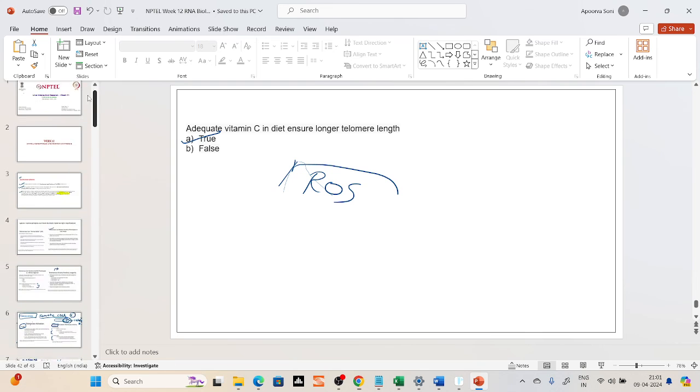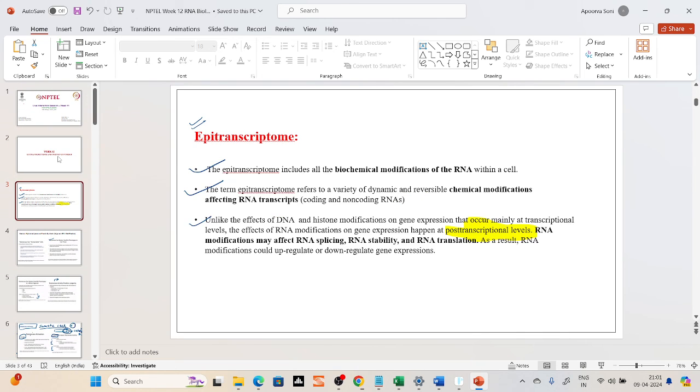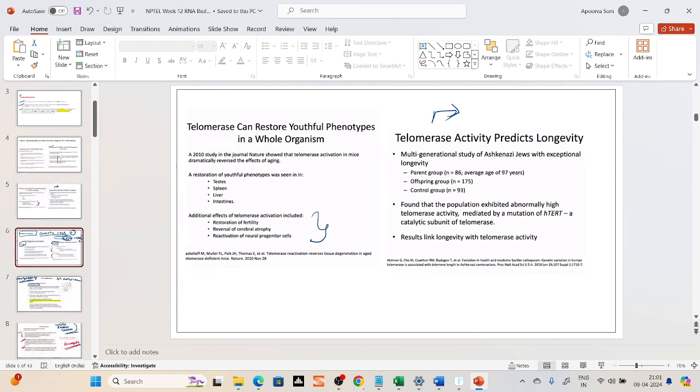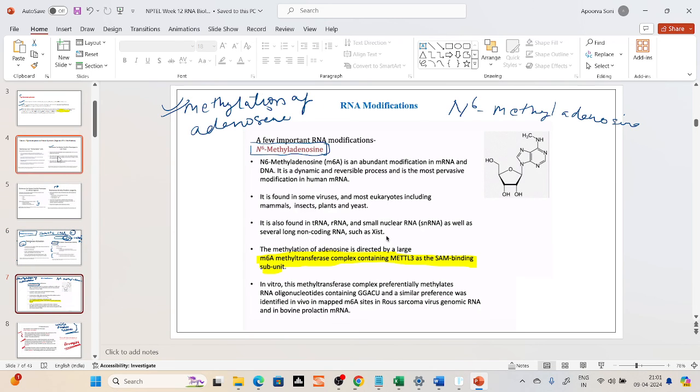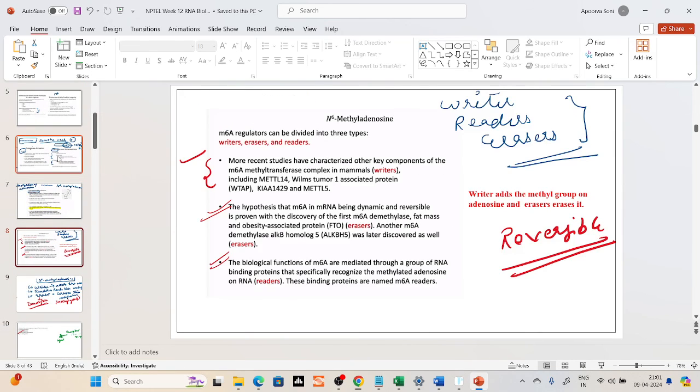Okay, so today we have studied epitranscriptomes, meaning the different kinds of RNA modifications that take place, which can be regulated by writers, erasers, and readers. The writer writes the modification, the eraser erases the modification, and readers read the modifications.